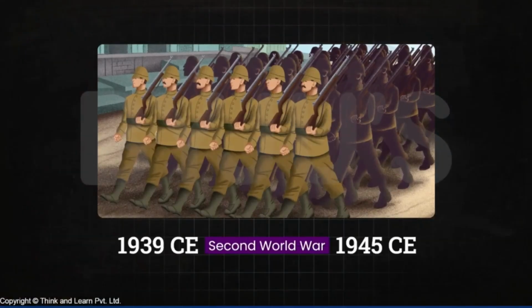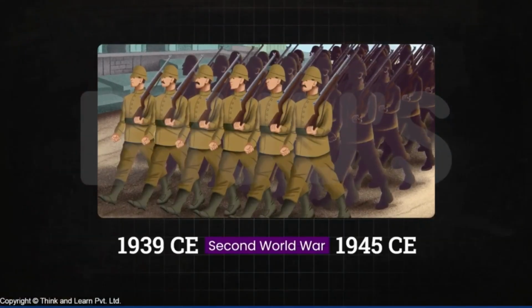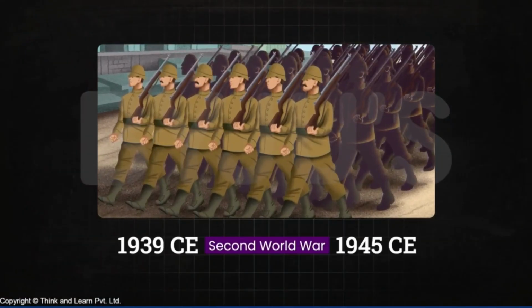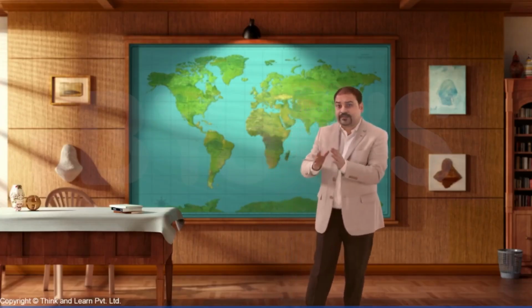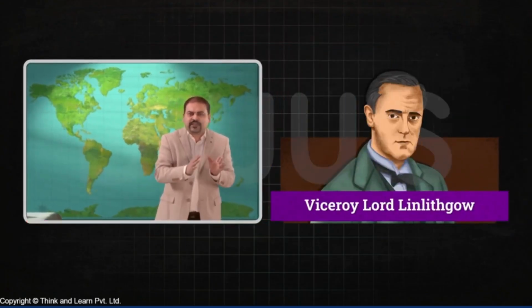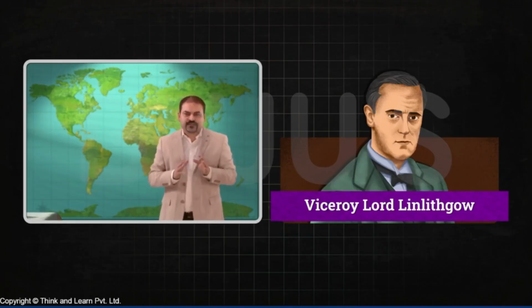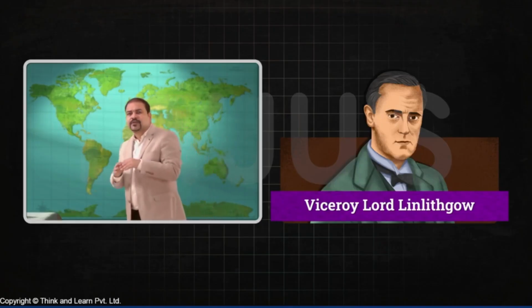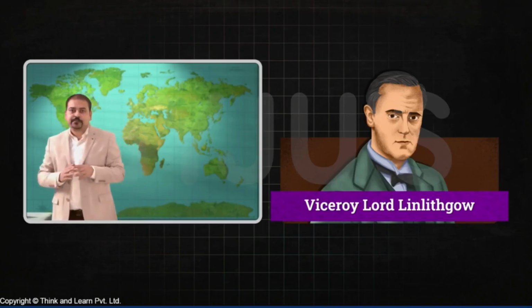On the outbreak of the Second World War, the British declared India's support without consulting Congress. However, the Congress wanted to use this opportunity to secure complete independence. They had several discussions with the Viceroy Lord Linlithgow, but nothing proved fruitful. This resulted in members of the Congress resigning from the ministries.